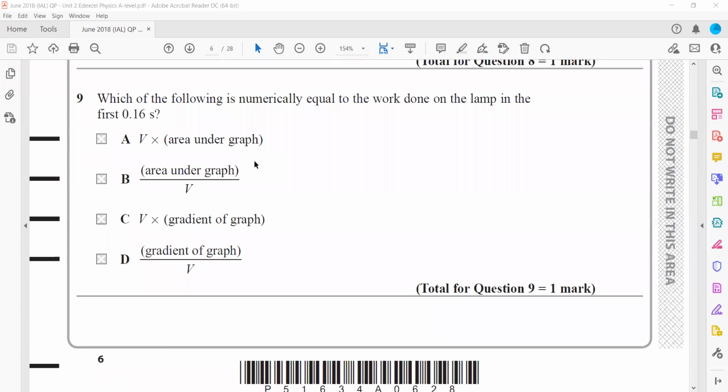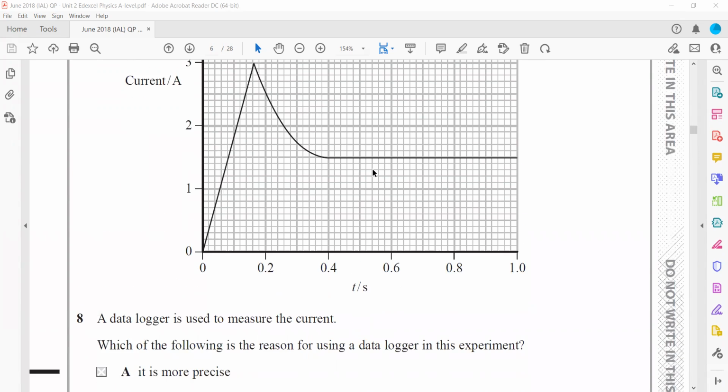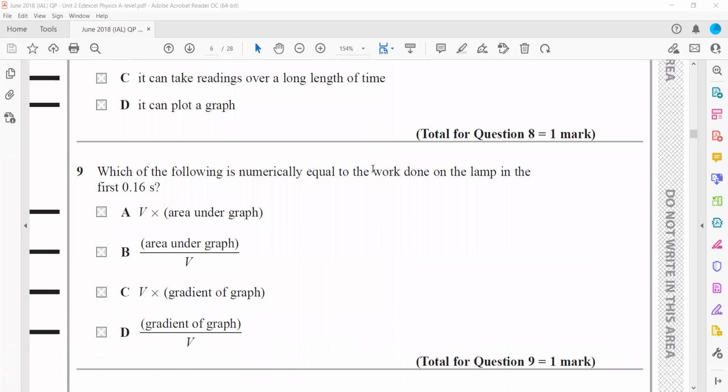Which of the following is numerically equal to the work done on the lamp after 0.16 second? So voltage, current and time. Basically, voltage is equal to work done per unit charge. So work done is voltage into charge.